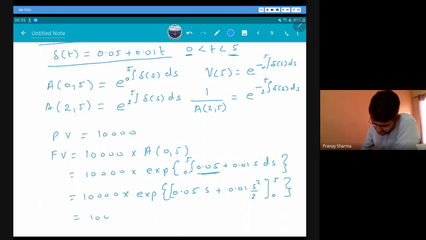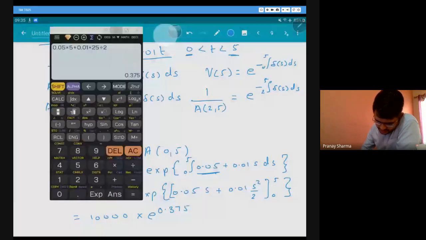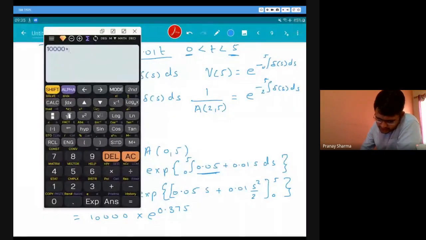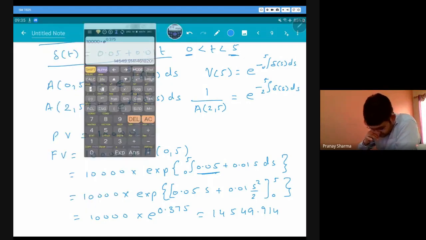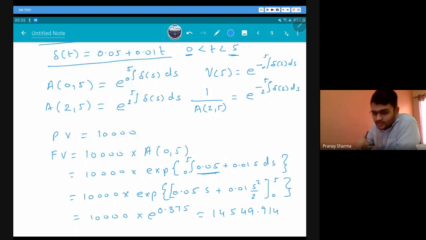We'll have 10,000 into e raised to 0.375. So again, 10,000 into e raised to 0.375, using shift ln. You will be getting 14,549.914. You will be getting this much amount in 5 years time.